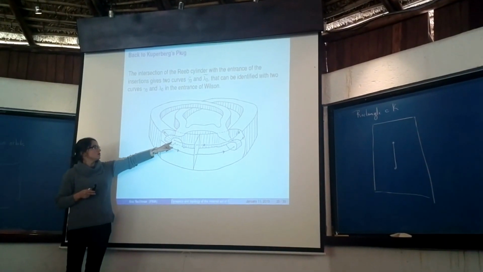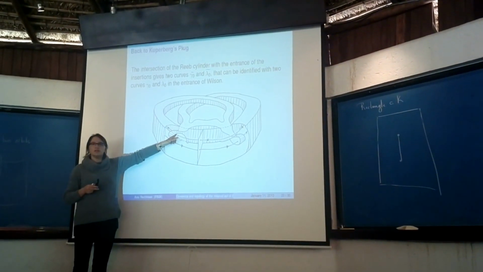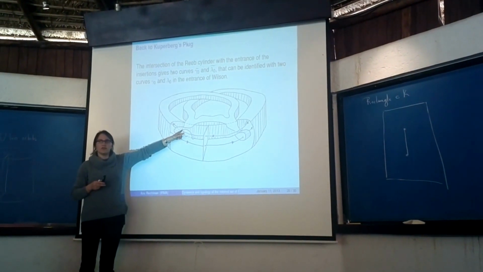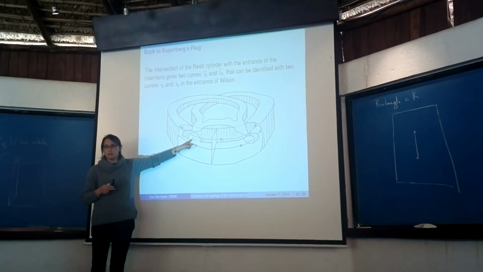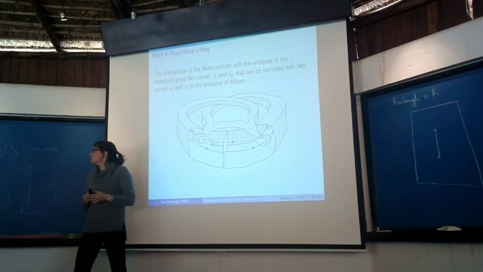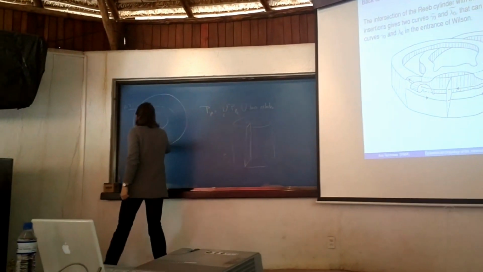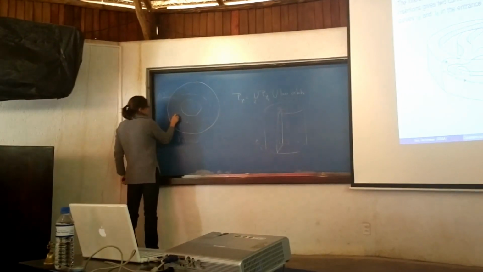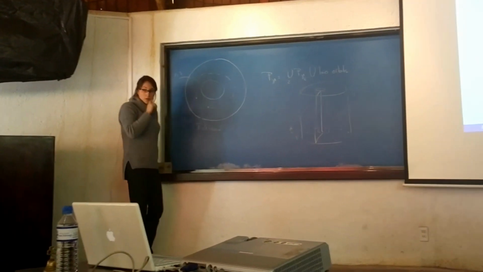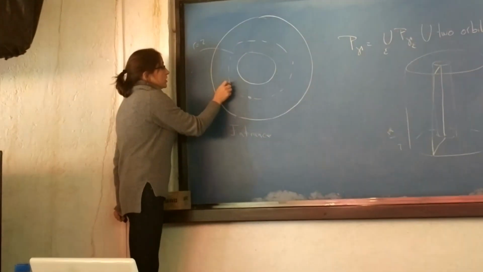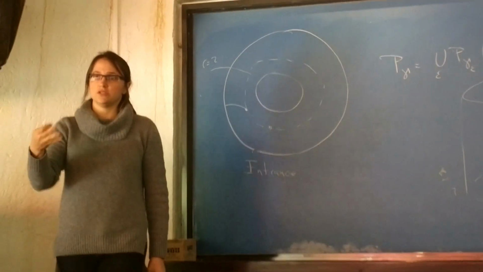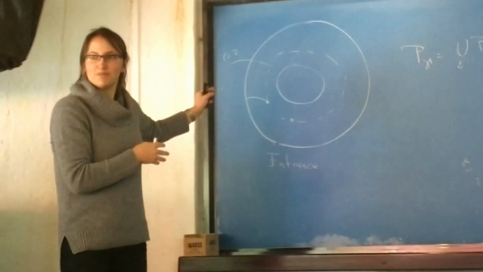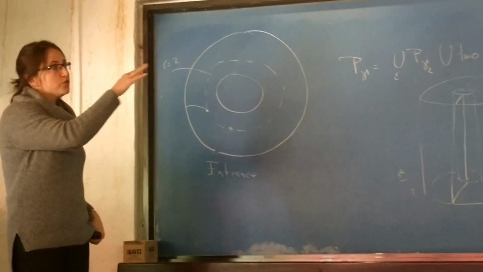So when I get here to insertion, the trace of the rev cylinder gives me a curve that is going from the special point to the boundary of the insertion. So in the entrance of Wilson, this gives me a curve at some point that goes from the special point that I choose to the boundary. And if I assume all this parabolic shape, it will look more or less like this. And I have two of them.